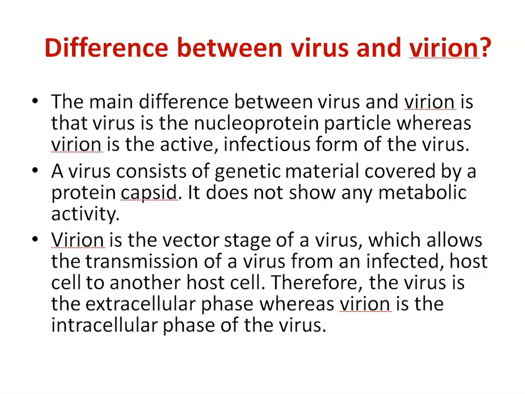Vector stage means a disease-causing stage that can transmit disease, allows the transmission of the virus from an infected host cell to another host cell. Therefore, the virus is the extracellular phase, whereas the virion is the intracellular phase of the virus.